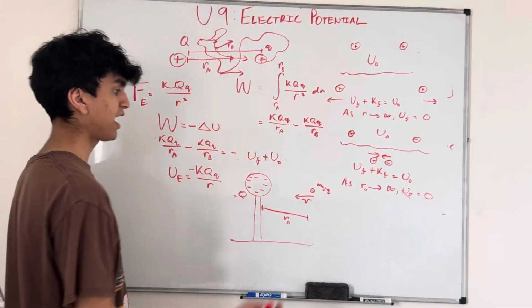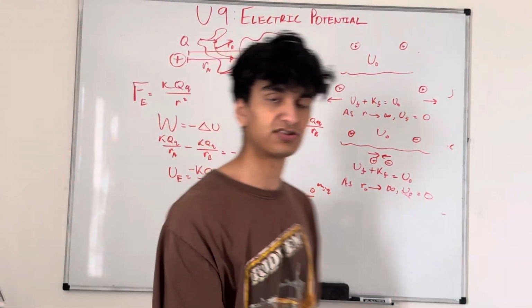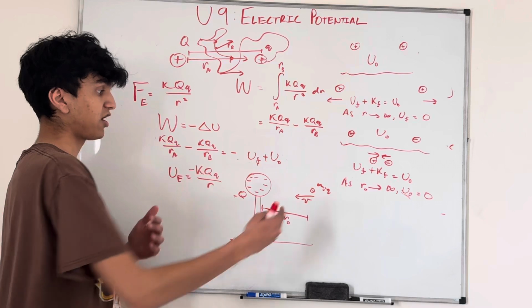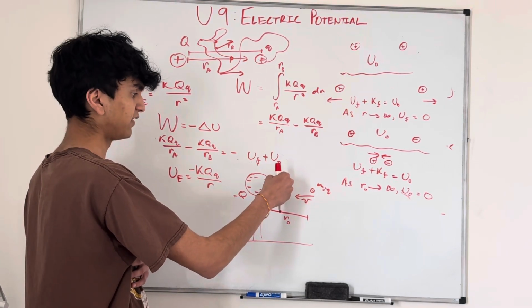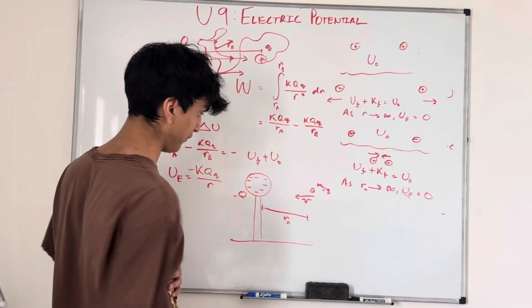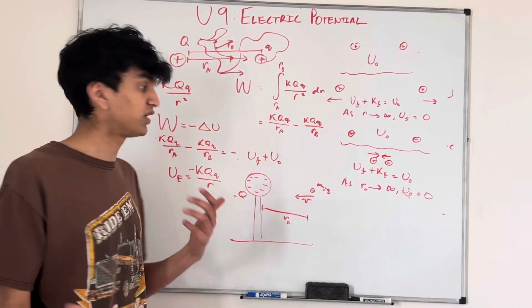As it gets closer and closer, there's a bigger and bigger repulsive electrostatic force. You can intuitively imagine that it's going to eventually slow down and come to a stop right here, and then start going the other way because of that repulsive force. You can solve for that distance by using energy.